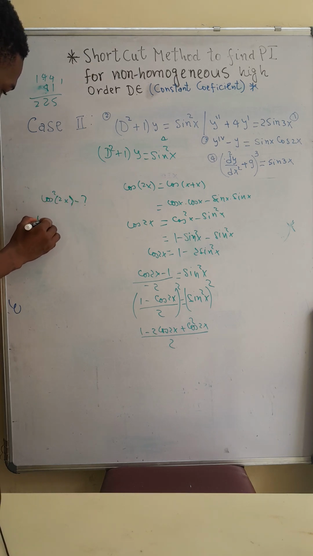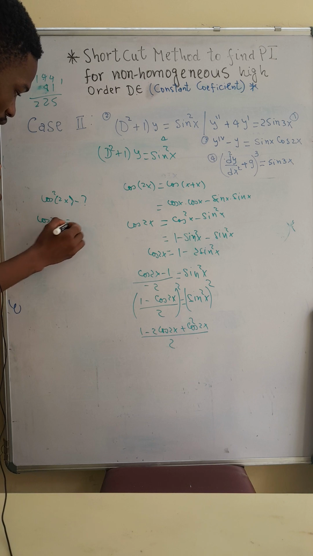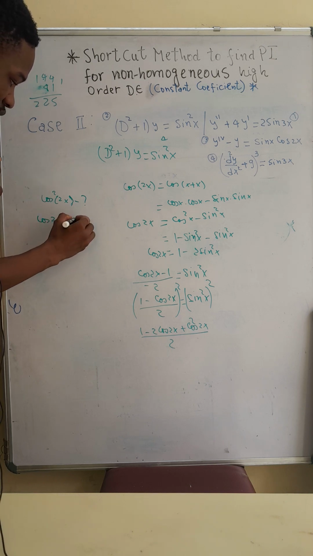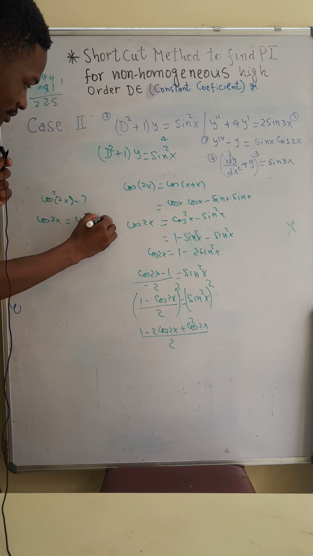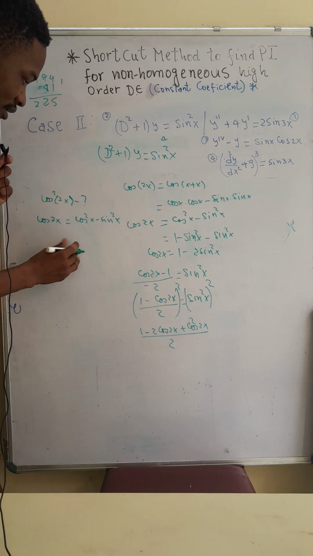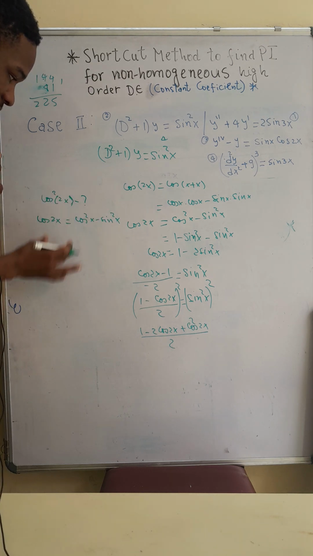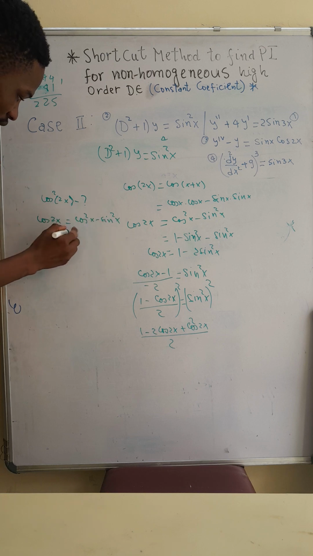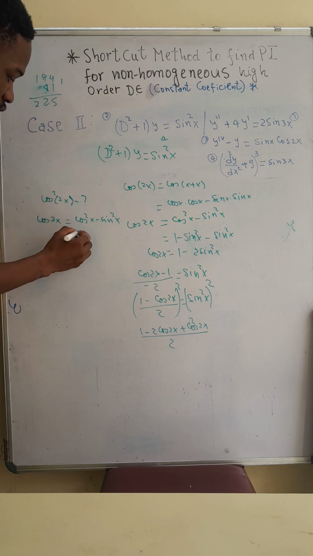You know that cos of 2x, suppose I have 2x here, is equal to cos square of x minus sine square of x. The same thing you will apply here. Now I have to find what cos square is.